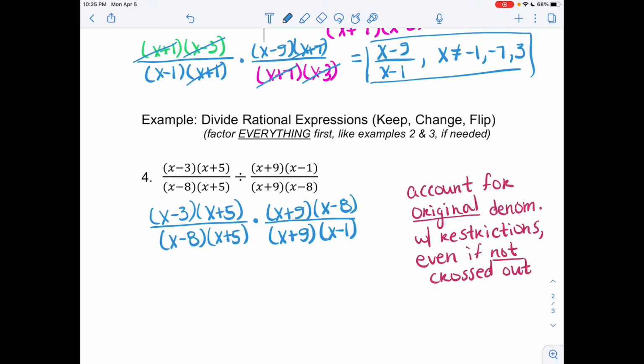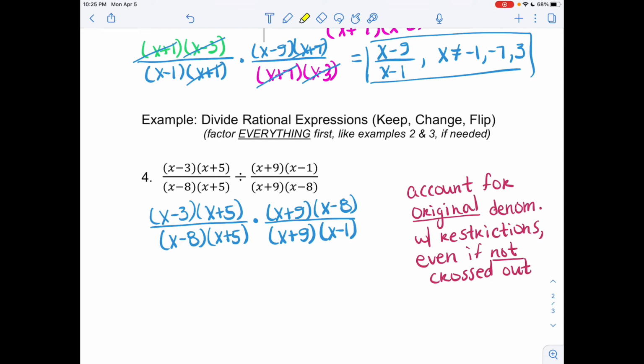Now, remember that anything that we can no longer see in the denominator of a fraction will need to be written as a restriction. I all of a sudden made my denominator into a numerator, so I can't tell that either of these were originally part of a denominator.